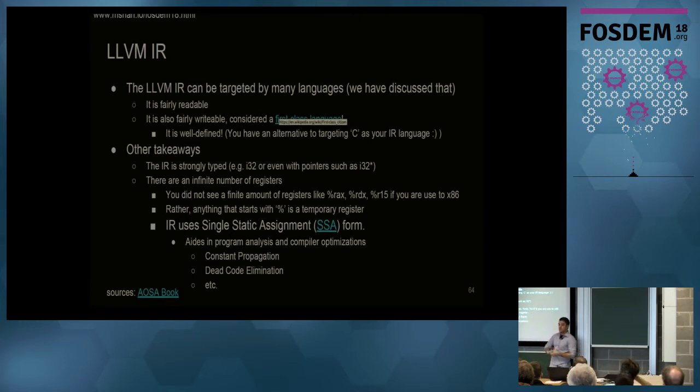Here you have infinite, okay? So you get these temporary registers, as many as you want, and that's useful for us in what's called single static assignment, which is a way for us to analyze programs in this intermediate form and make various optimizations, a lot of the common ones.